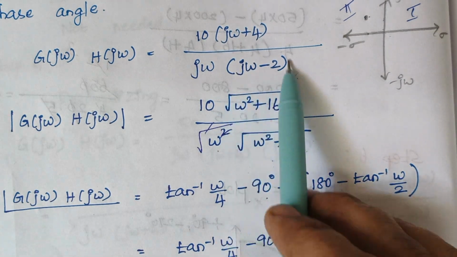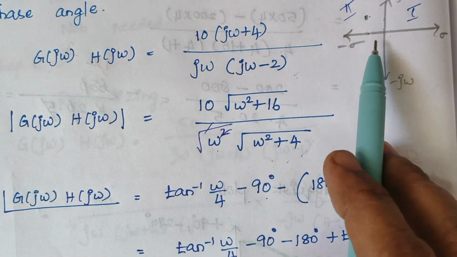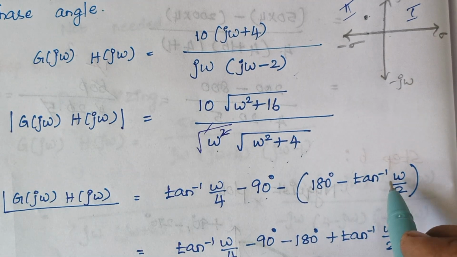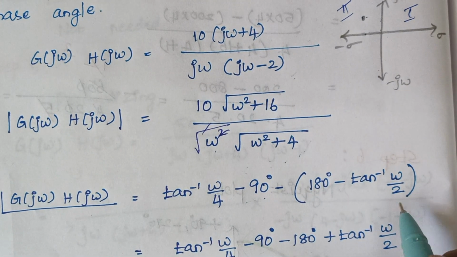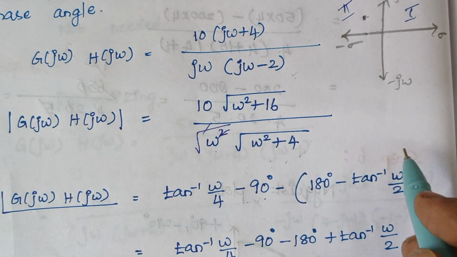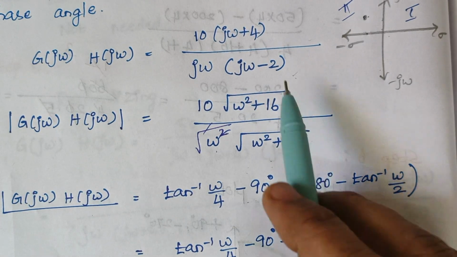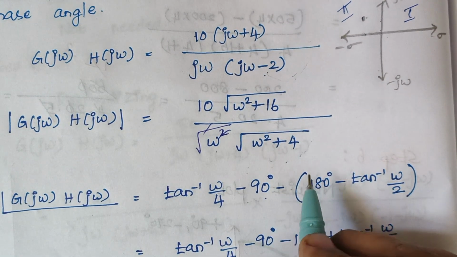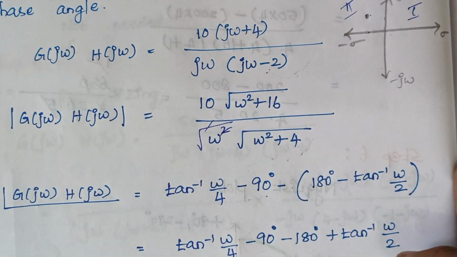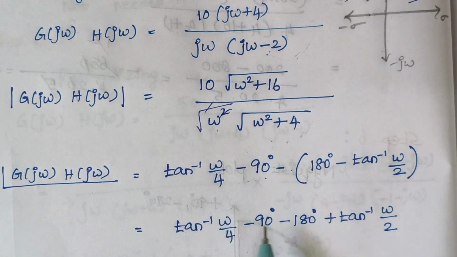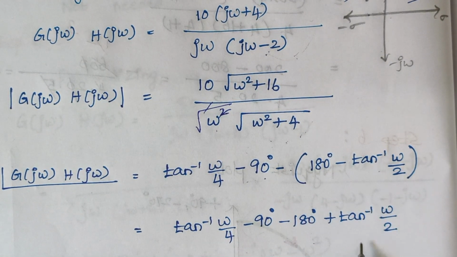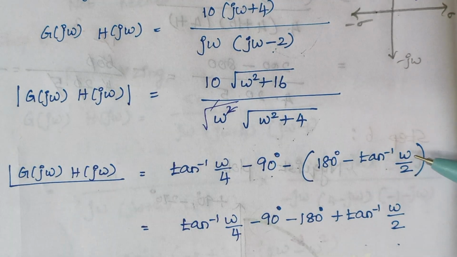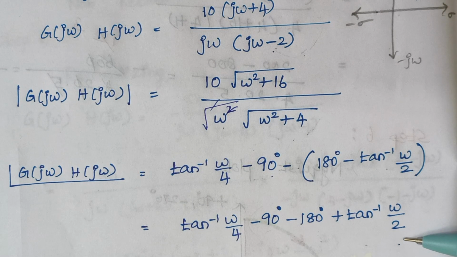And here I am having a pole in the second quadrant, so I have to write that as 180 minus tan inverse of omega by 2. Since this is a denominator term, I am moving this to the numerator, so I have included a minus. When you move this minus inside, we will have an expression like this: minus 180 plus tan inverse of omega by 2. So this is the expression for the phase angle.